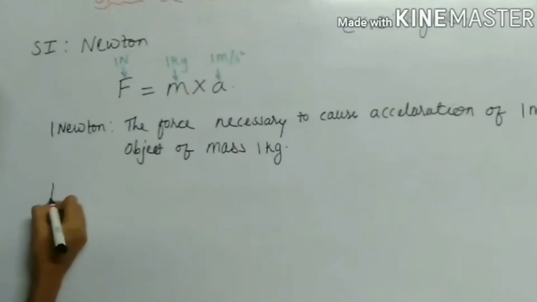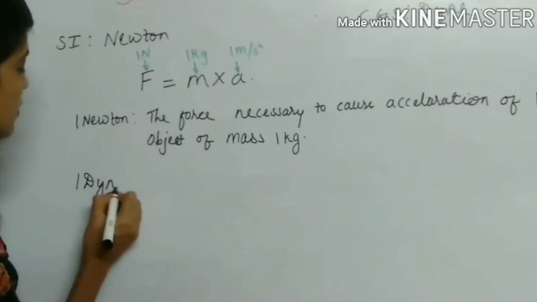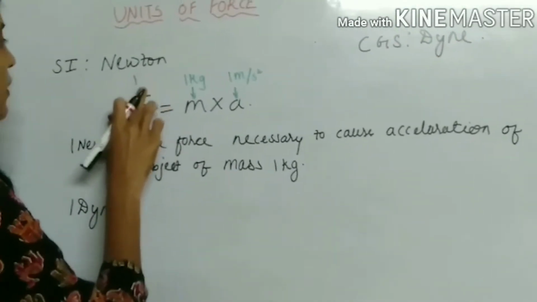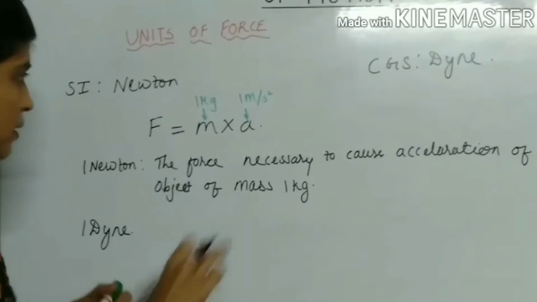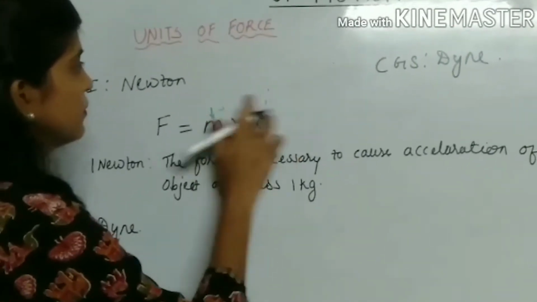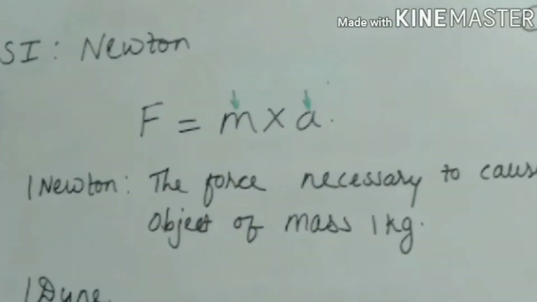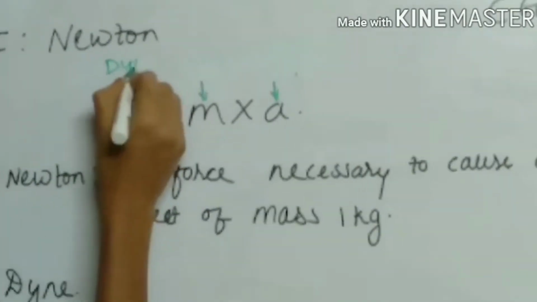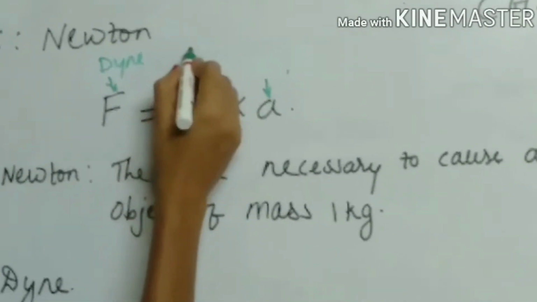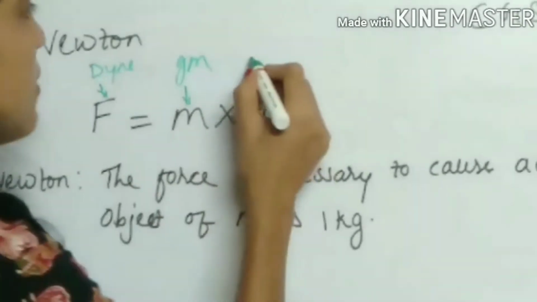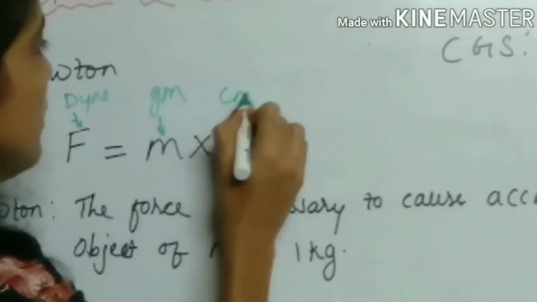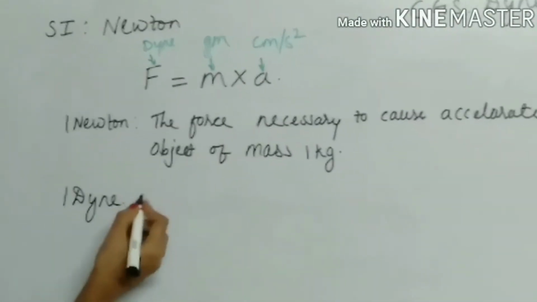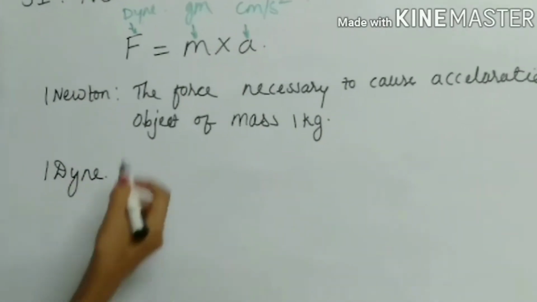Similarly, we can define 1 Dyne force in CGS system. Now, here write units in Dyne, CGS. So what will be units in CGS? Here it will be Dyne. Here mass is in grams. Acceleration is centimeter per second square. Same words we have to use, only little changes we have to make.